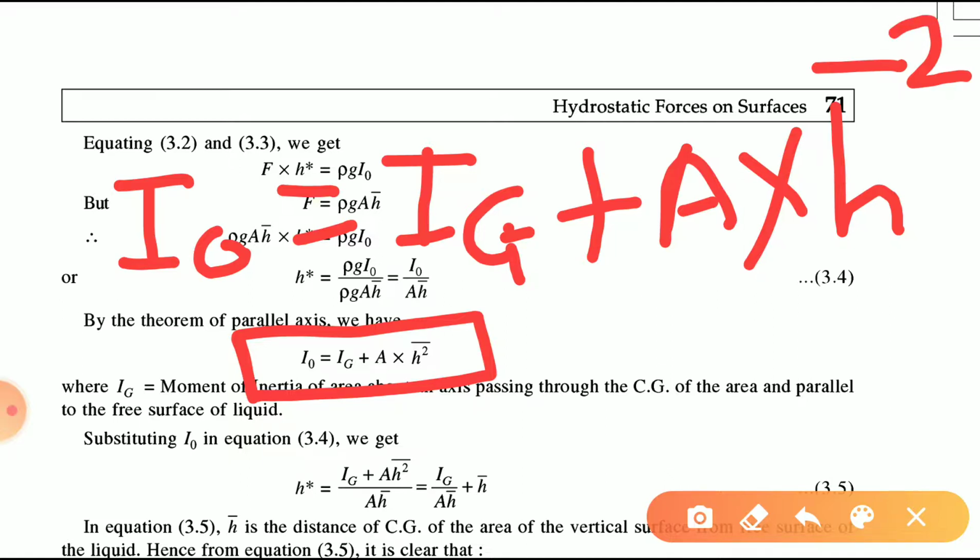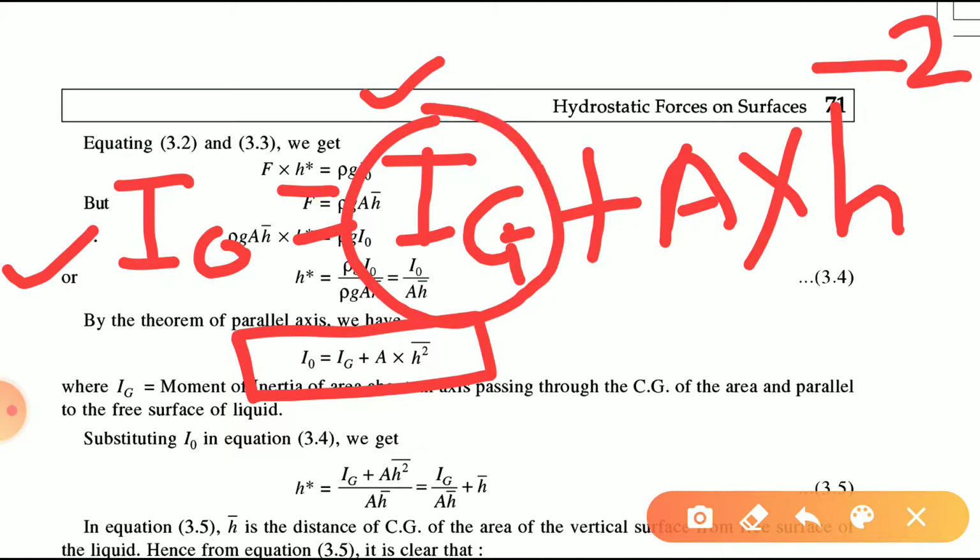So I0 is equal to Ig plus A h bar square. This means to find the moment of inertia about any axis, we convert it into this form, so that we can easily find the moment of inertia about the axis passing through the center of gravity by the standard formula.